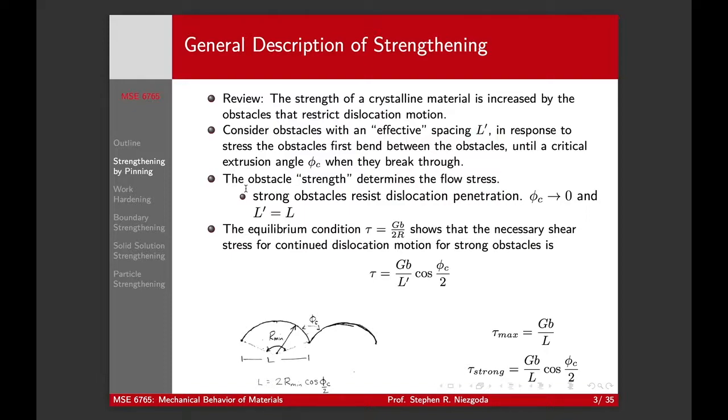So every time we think about strengthening, I want you to repeat this over and over again. The strength of a crystal is increased by the obstacles that restrict dislocation motion. Everything to do with the yield strength of a material, of a crystal, is directly tied to how hard it is to move dislocations through that material.